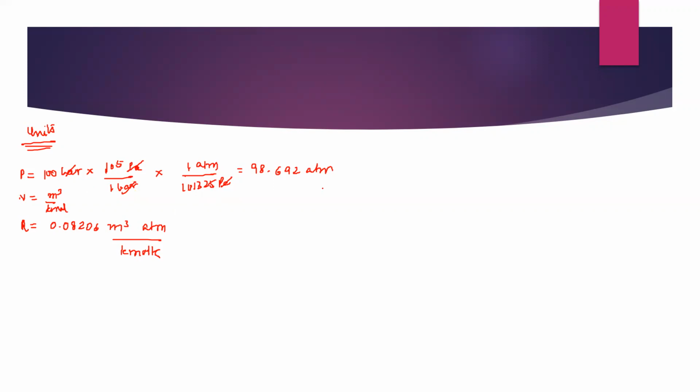Once we have the units of pressure and volume, we decide the units for A and B. The Van der Waals equation is P plus A by V square times V minus B equals RT. From the V minus B term, the dimensions of B are the same as the dimensions of V, which we have taken to be meter cube per kilomole.